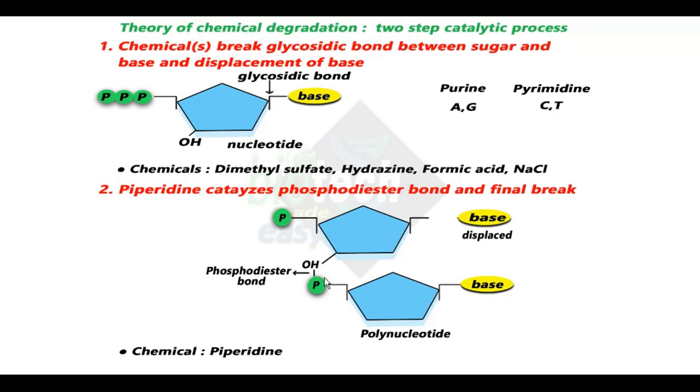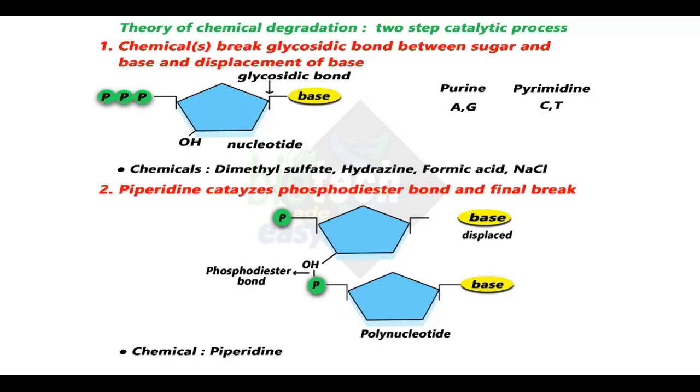So what is done in the second step? In the second step, this phosphodiester bond is broken, and that's how this will get detached from this one. So that means here the chain will be broken. So degradation will take place, and because this degradation is taking place because of the chemical, that's why it is chemical degradation.